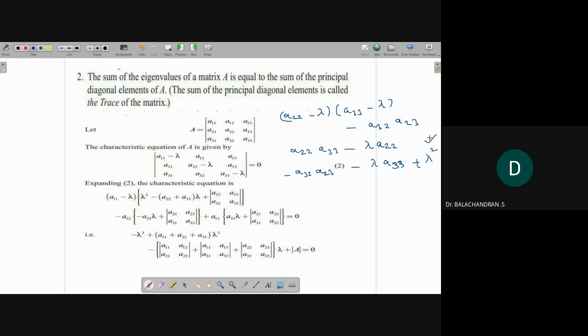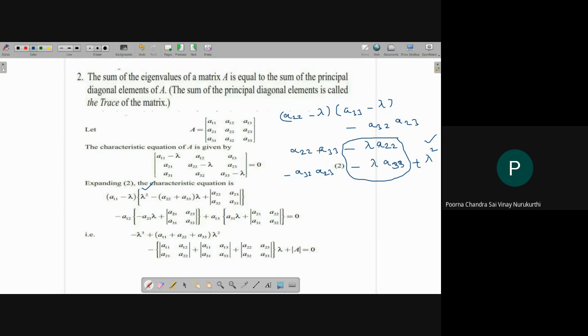From these two terms, I took minus lambda common. What is remaining? A22 plus A33. And if you expand this determinant, what will you get?